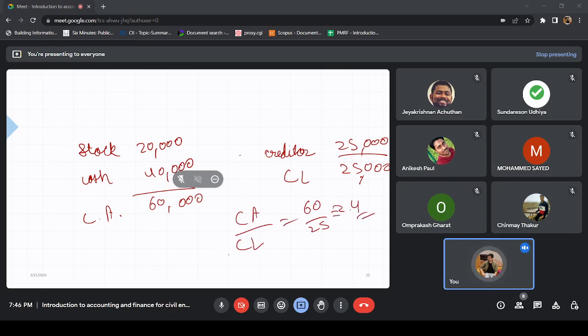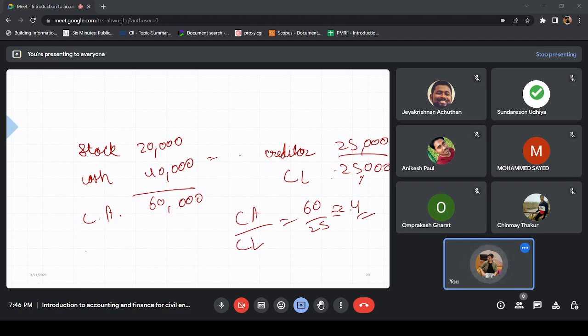So, 2.4, that is a good number. You will say financially sound, but what happens if the creditor comes and asks him to pay? He has to pay from his cash, right? He can't just unload his stock at the same moment.